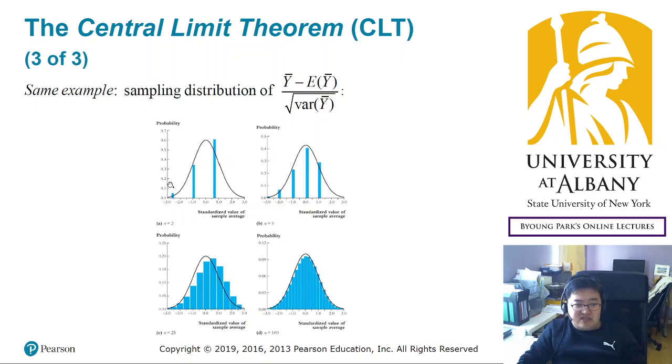By the way, this graph is after standardization. So when you standardize the sample average, as you can see, the histogram is very well approximated by a normal distribution. Even though there are some small approximation errors, those errors will disappear as the sample size increases.